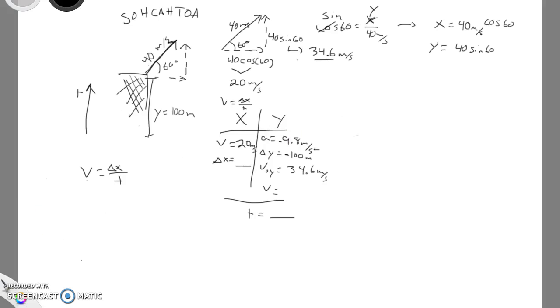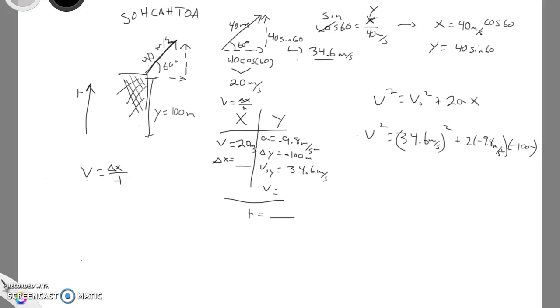I know that I can use this equation to find the velocity just before it hits the ground. And then once I do that, I can find the time. So, to do this, v squared equals initial velocity 34.6 meters per second, we'll square that, plus 2 times negative 9.8 meters per second squared times negative 100 meters.